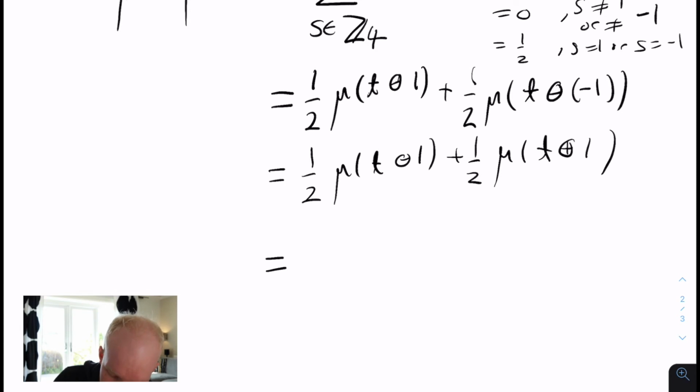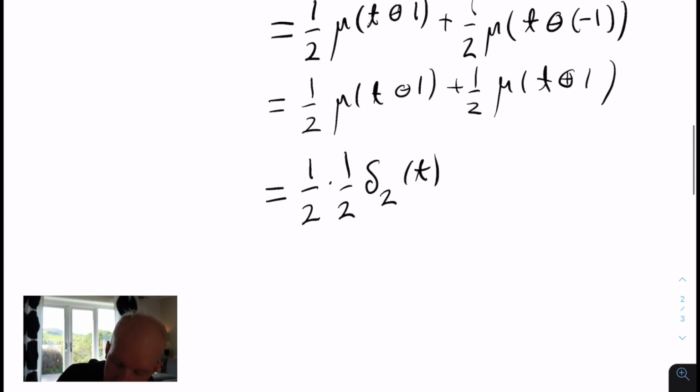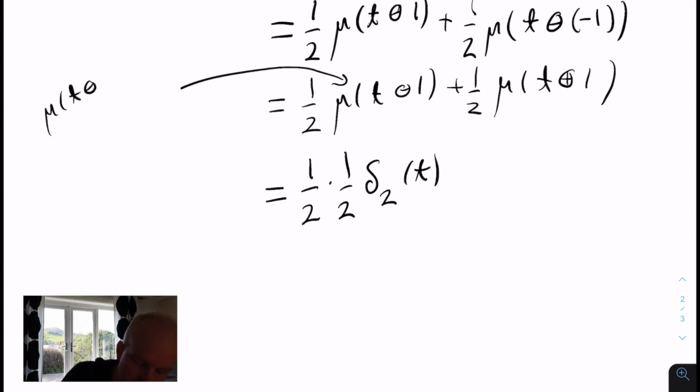So if you open this whole thing up, mu at this point is a half. So this is a half of half at the Dirac point at point 2 at t. Because remember that this quantity mu(t minus 1) is nonzero precisely when t minus 1 is equal to 1. Just to remind you, mu(t minus 1) is a half if t minus 1 is equal to 1 or minus 1, and it's 0 otherwise.